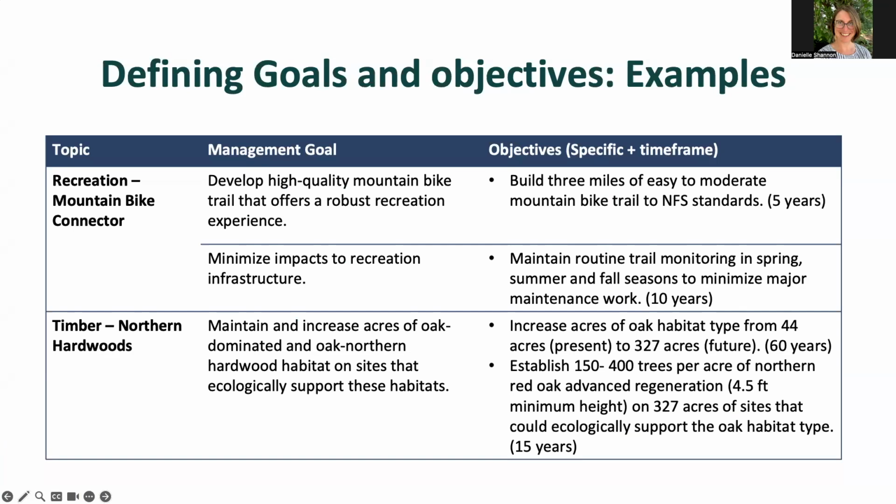The associated objective is more specific, which is to maintain routine trail monitoring in spring, summer, and fall seasons to minimize major maintenance work over the next 10 years. Similarly, within the timber topic, the goal is to maintain and increase acres of oak-dominated habitat, and the related objective is to increase acres of oak habitat from a small acreage to a much larger acreage over the next 60 years.